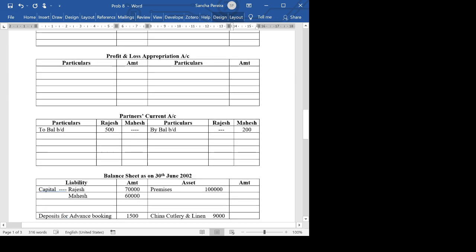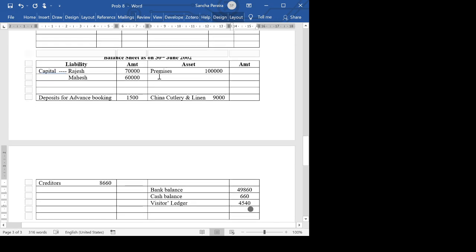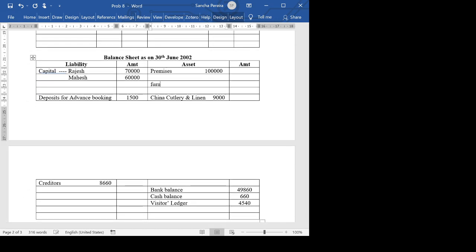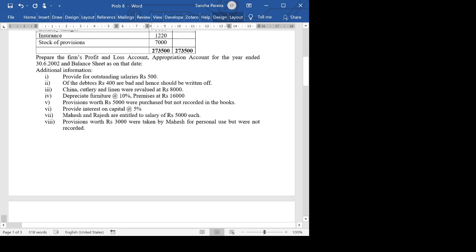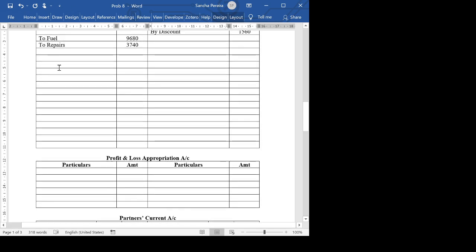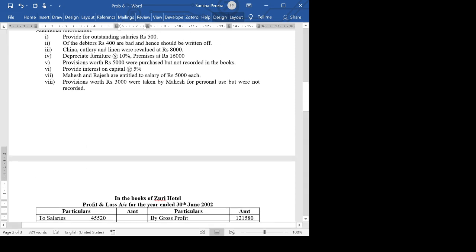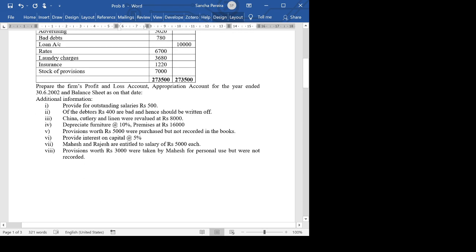Restaurant furniture 13,600. Furniture 13,600. Advertising 5,020. Bad debt 780.